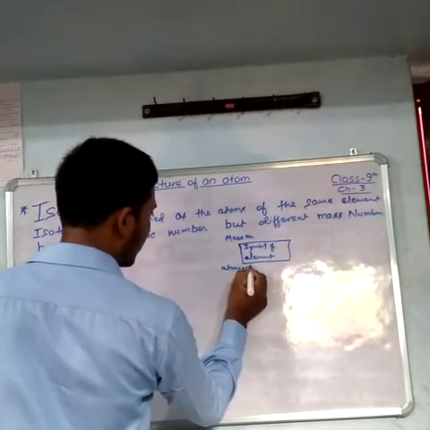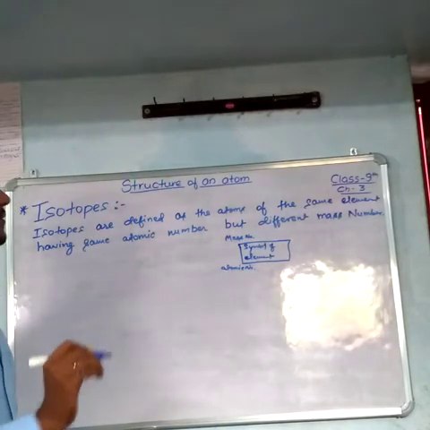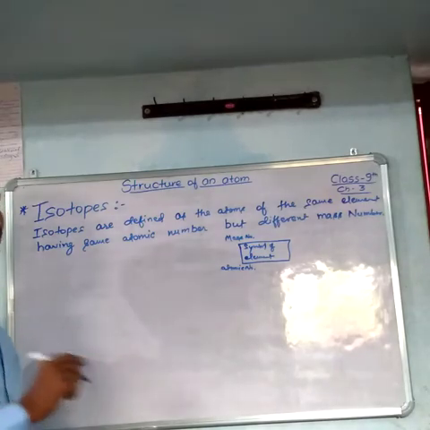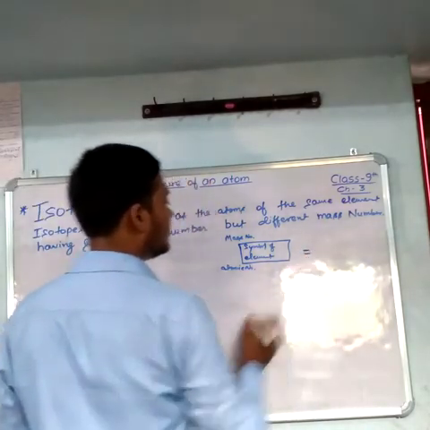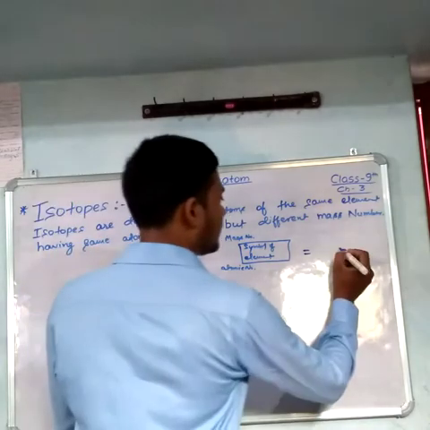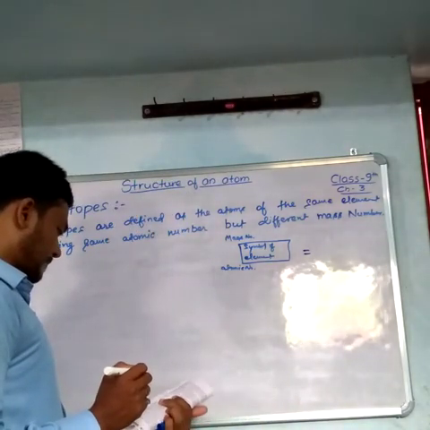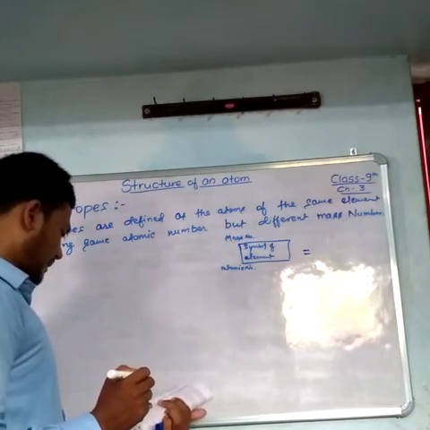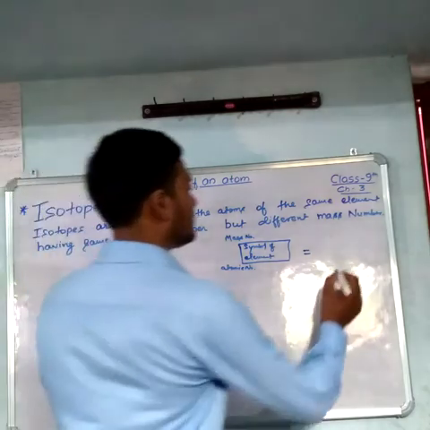Okay, if you represent the symbol of an element and put its mass number and atomic number, you need to write it in this way: the symbol of an element, like oxygen.